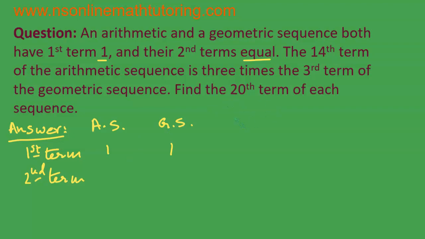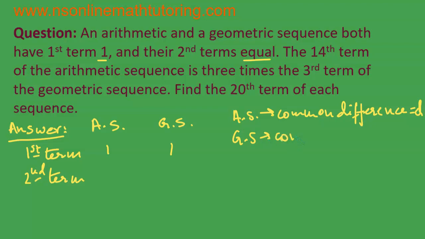For the arithmetic sequence, let me write the common difference equal to D. And for the geometric sequence, the common ratio is equal to R. So now the second term of the arithmetic sequence becomes 1 plus D, and for the geometric sequence it is 1 times R, which is equal to R. Okay, so these two are equal.